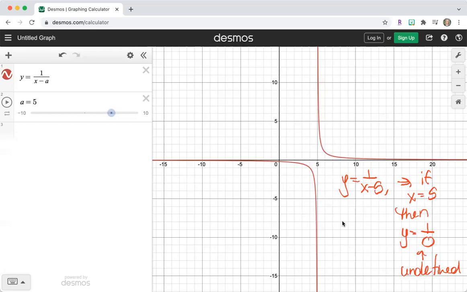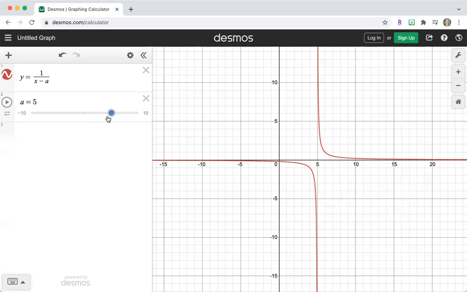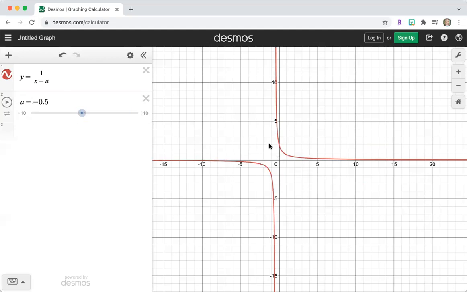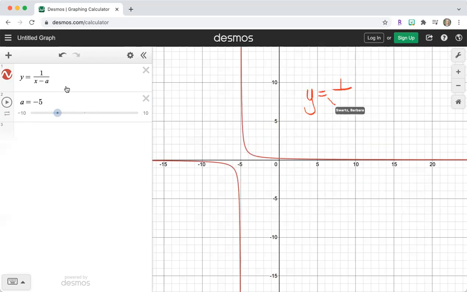And we can keep this slider going all the way. We'll see it moves all the way to 10 when a is 10. And likewise, if it's negative, we can have negatives all the way to -5. Here's my vertical asymptote at x equals -5, because we have this x minus a, or x plus 5.